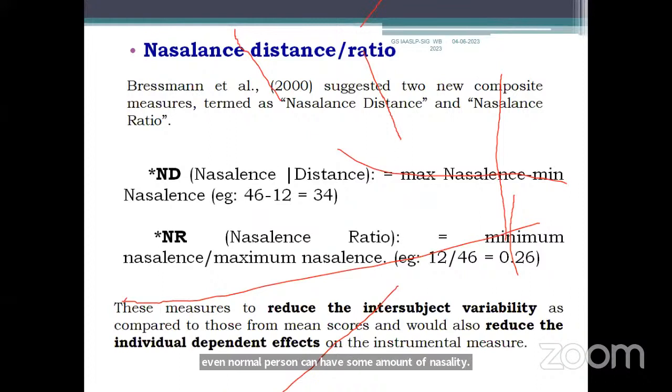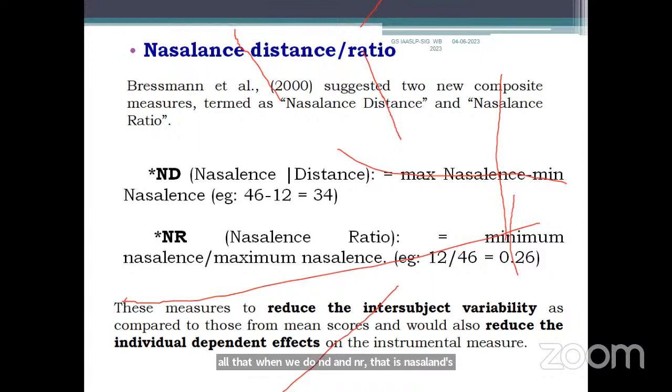I would like to draw your attention to some new concepts called nasalance distance and nasalance ratio. It's a new thing which is usually used when we are doing a nasometric assessment. To avoid inter-subject variability, individual-dependent variability, or measurement variability, when we use ND and NR, that is nasalance distance and nasalance ratio, we can overcome all that.